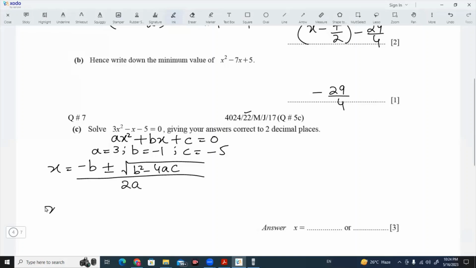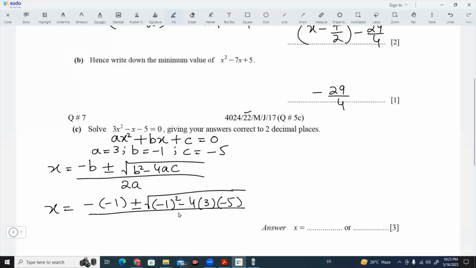Now putting these values into the formula: minus, and minus 1 is the value of b. Square root of (minus 1) squared minus 4 times a. What is a? A is 3. What is c? C is negative 5, whole divided by 2 times 3.